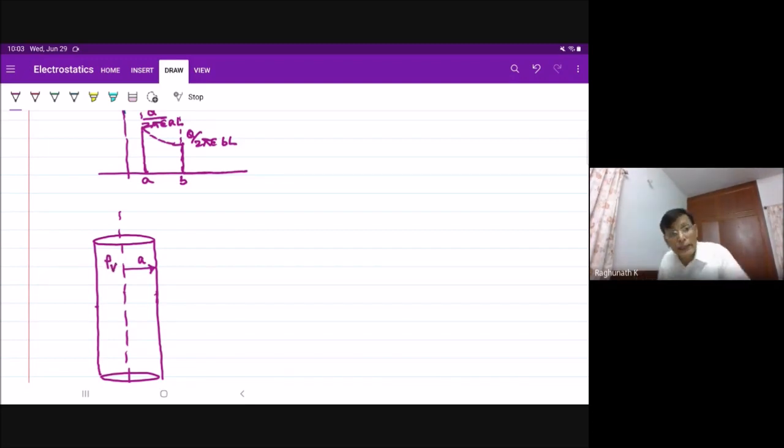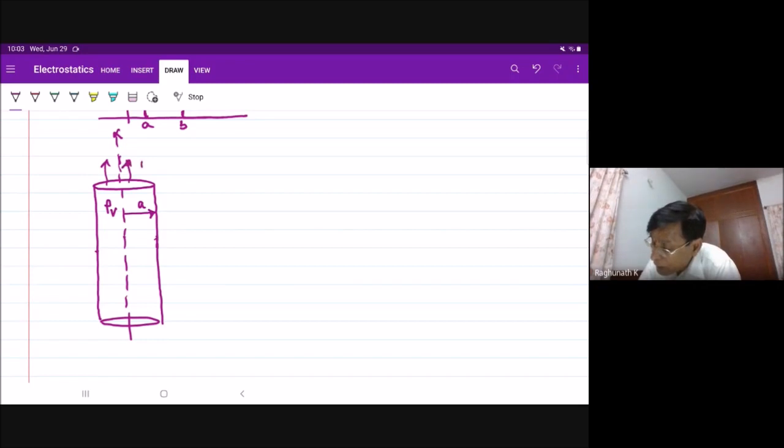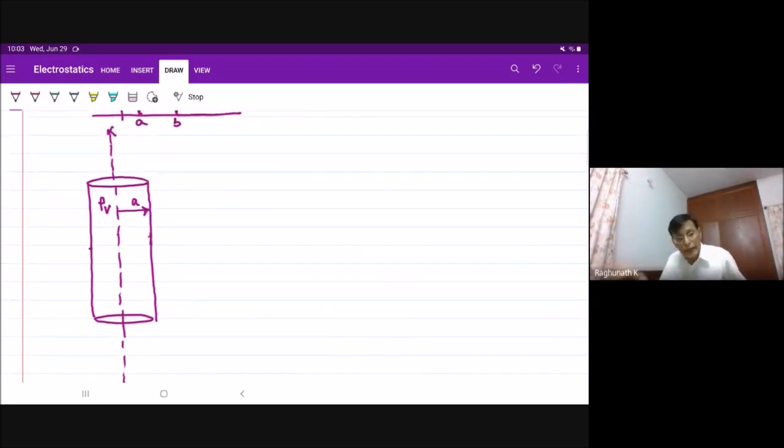Please think about it, it is of infinite length. I don't want to talk about finite length because, if it is finite, field lines will also come out from the top and bottom. Only if it is of infinite length will the field have cylindrical symmetry. I want to determine the field at any point outside and inside also now, like the solid sphere in which charge is distributed over the entire volume with charge density rho V, considering it to be uniform.